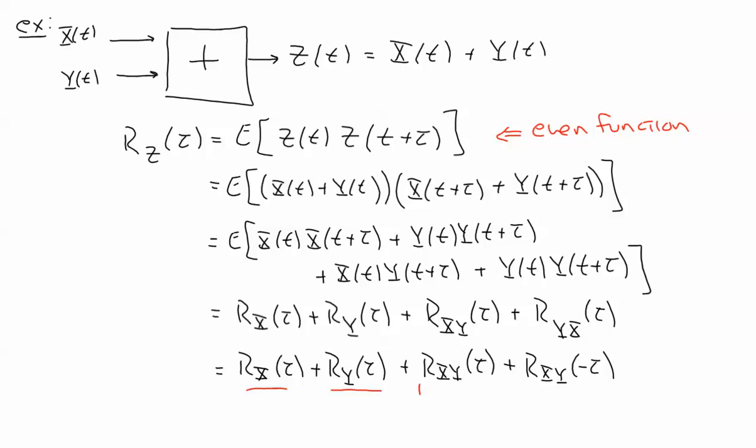If I take any function and add to it its mirror image about the tau equals 0 axis, the sum results in an even function. This guy's even. This guy's even. And the sum of the two cross-correlation terms, when one is the mirror image of the other, is an even function. So that's good. We expect autocorrelation for the output function z is going to be an even function.